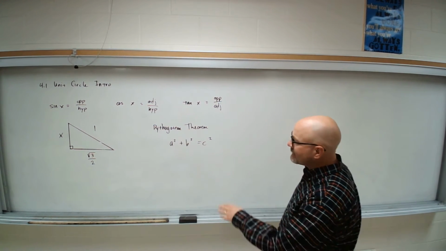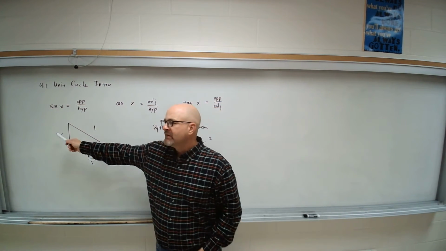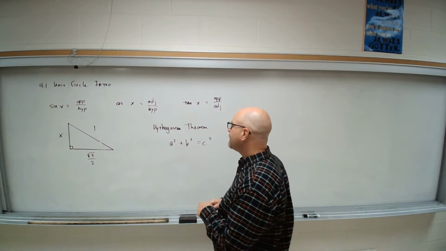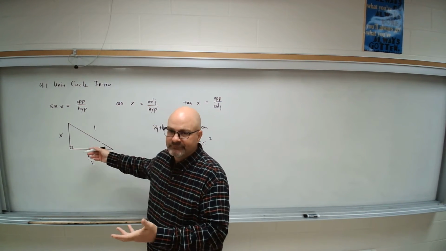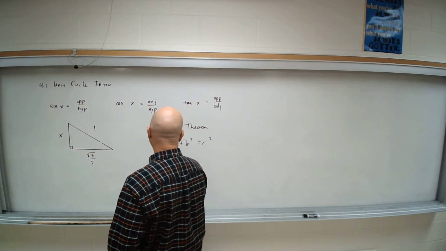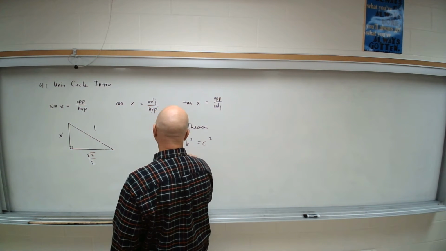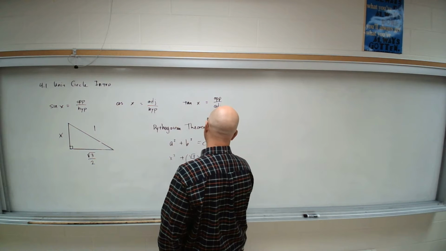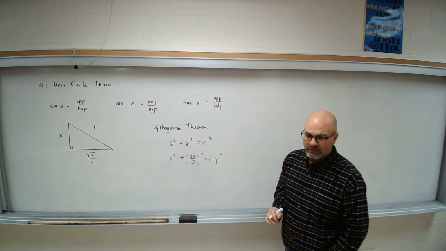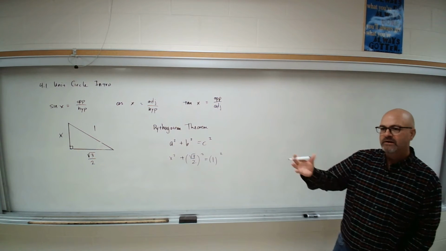Okay, so if we're going to try to solve for x using the Pythagorean theorem, we are going to take one of the two legs and call it a. So we'll say x squared plus radical 3 over 2 squared equals 1 squared. Just putting in the pieces here.